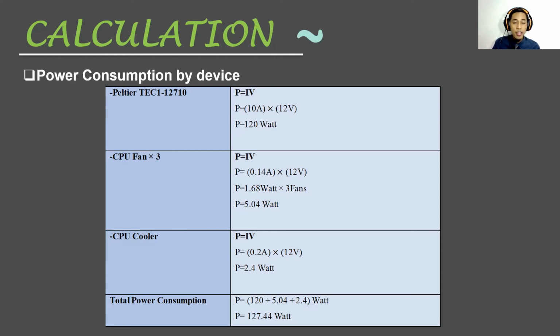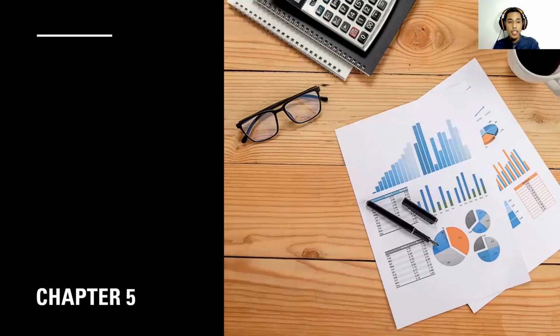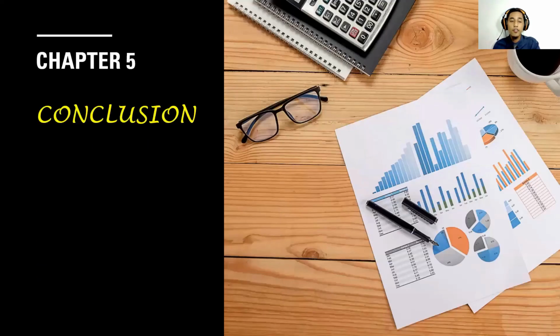From the CPU fan, we can calculate that the power consumed is 5.04 watts. From the CPU cooler, the power consumed is 2.4 watts. So from this, the total power consumption is 127.44 watts.